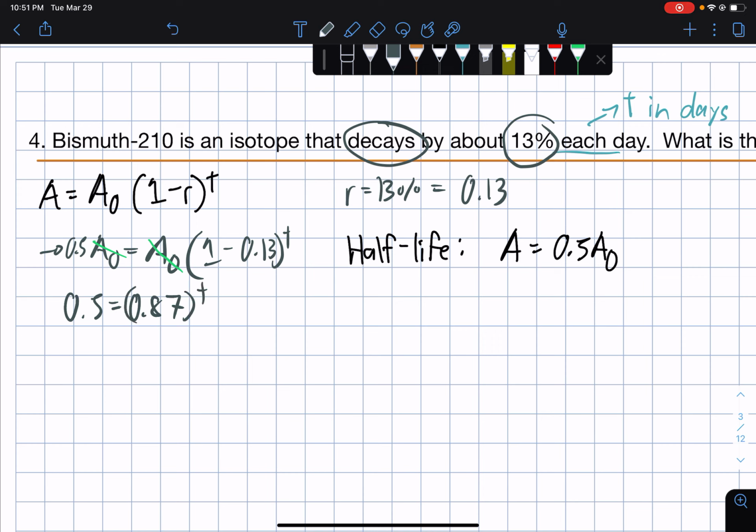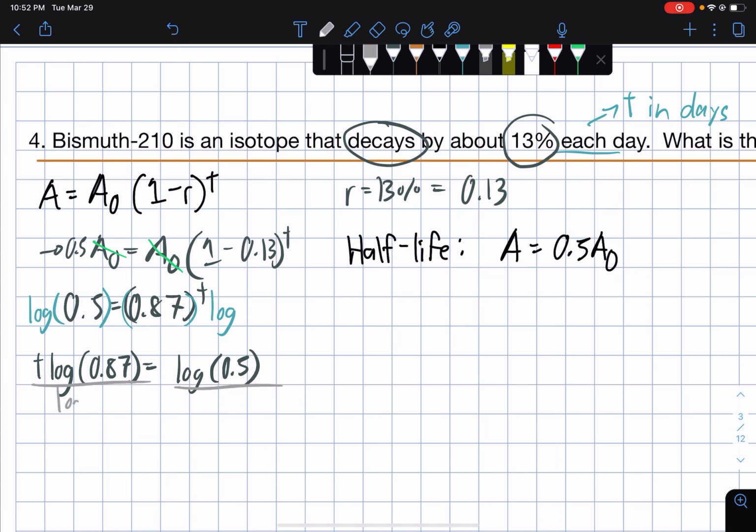We can't divide both sides with 0.87 because we have a variable exponent. So we put log on both sides instead, in order to bring down t, our variable exponent. So we have something like this. Divide both sides with log 0.87.